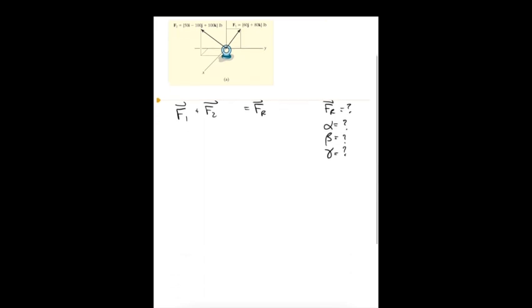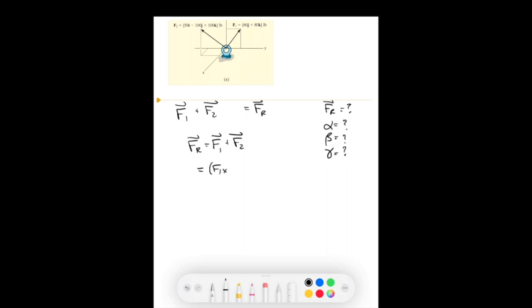So again, we're going to start with the definition that the resultant force is equal to the sum of these two forces, which is the same as summing the x components, F1x plus F2x, F1y plus F2y, and F1z plus F2z.